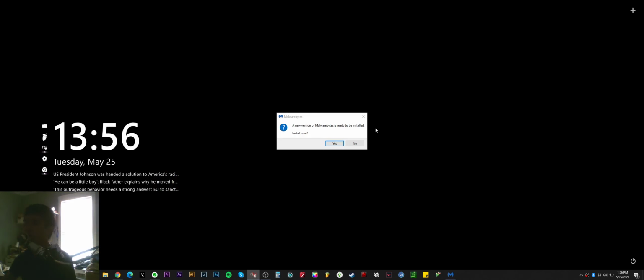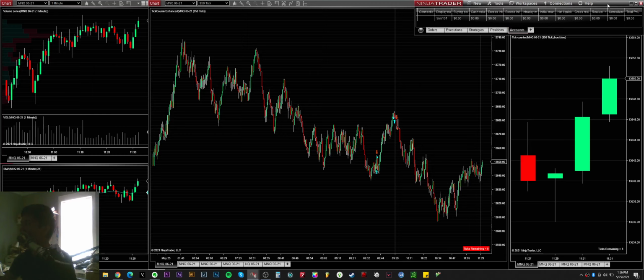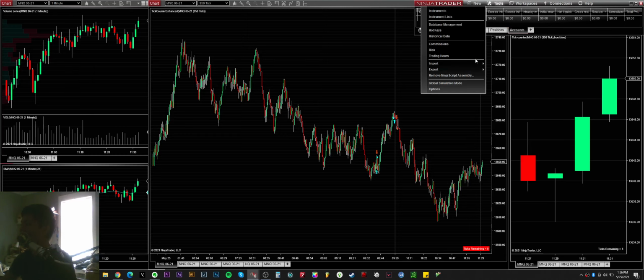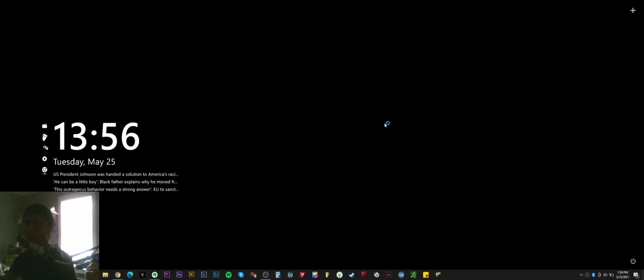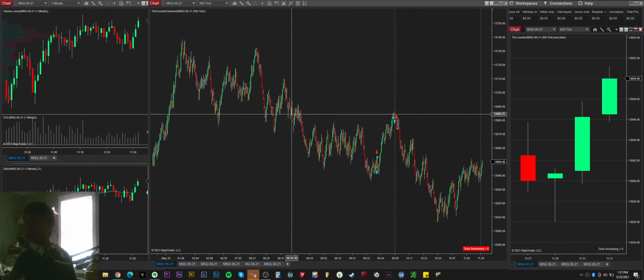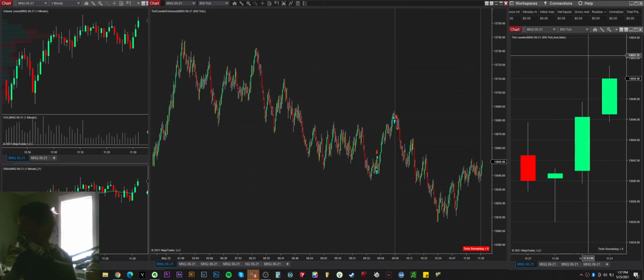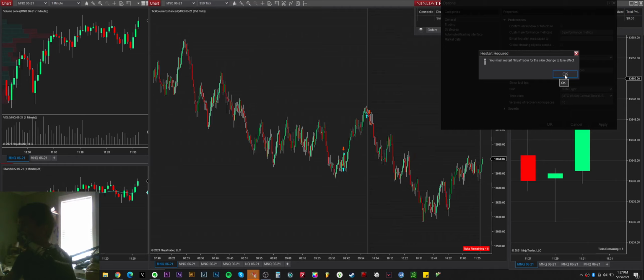Trying out a new skin real quick. This is the gray one. Oh no, the dark one, I think. Yeah, it's dark. I don't like that. Let's try light or slate gray. Come on, NinjaTrader. Oh, I do like this. This looks dope, but still difficult to see. Okay, that was slate gray.